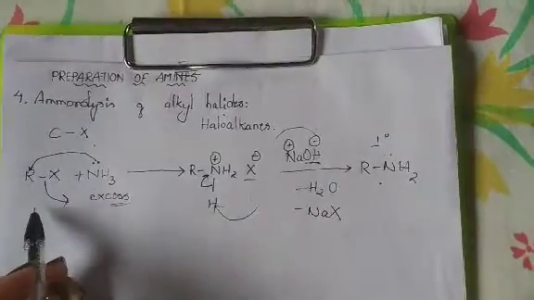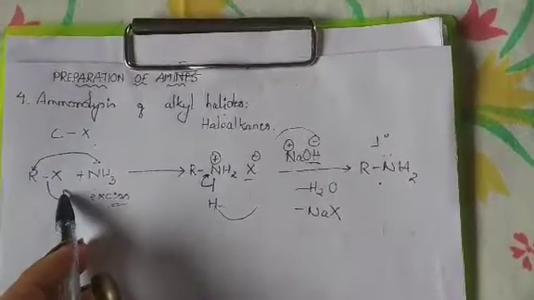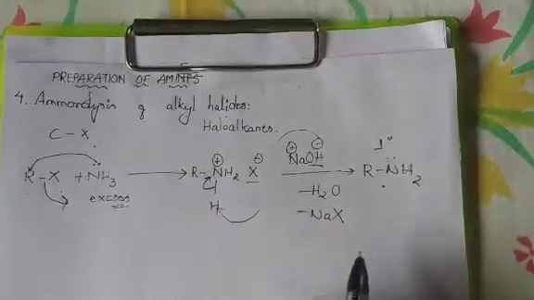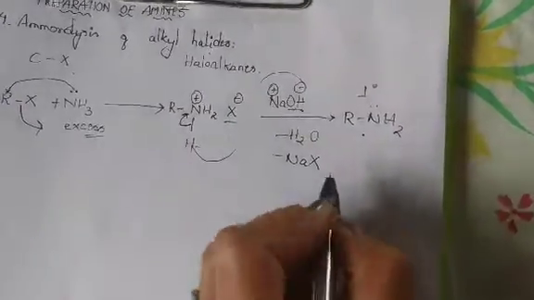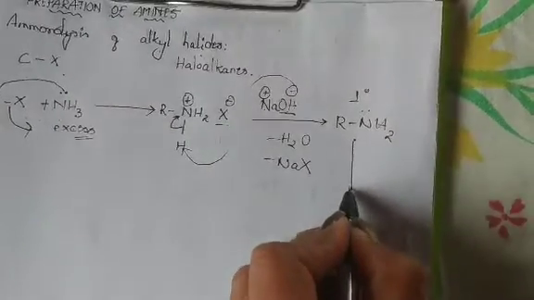But when there is excess of both the alkyl halide and ammonia, there is a mixture of all the amines. Now let us do an example.